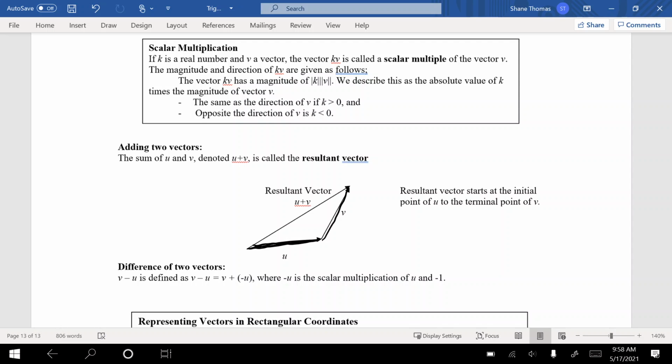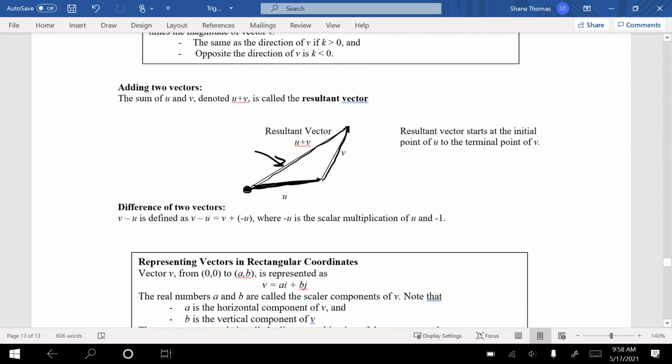At the end of the day, we start at the initial point of the first one, and we end at the terminal point of the second one. So our resultant vector would be there. So what shape? Triangle. So that's how this really fits in. The sum of u and v, or u plus v, is going to be called the resultant vector. This guy right here would be the resultant vector.